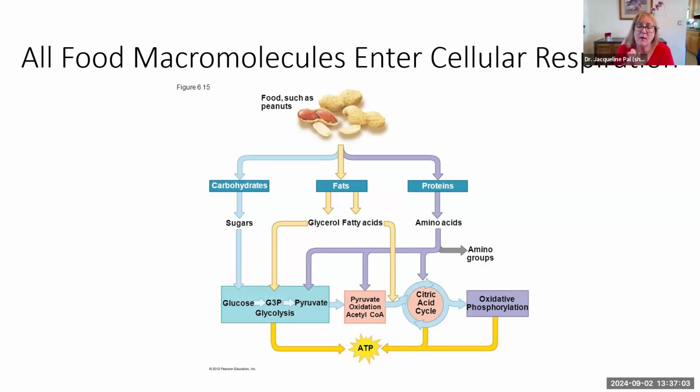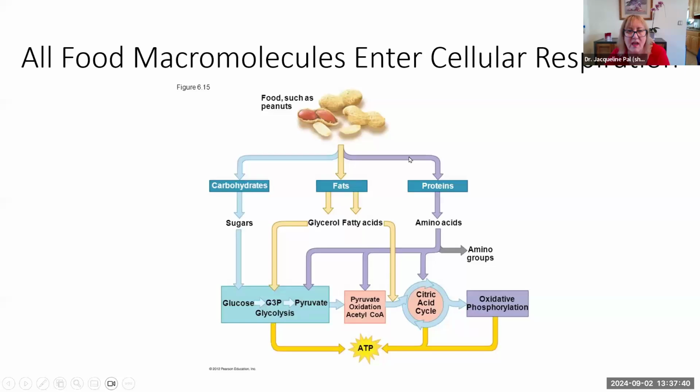But remember at the beginning, I told you all of our food macromolecules enter cellular respiration. So sugars, if it's glucose, we're going to end up with 36 ATP. If it's fat, remember our lipids are broken down into glycerol and fatty acids. So some can enter through glycolysis, but some can only enter here at the beginning of the citric acid cycle. So how many less ATP could they make?